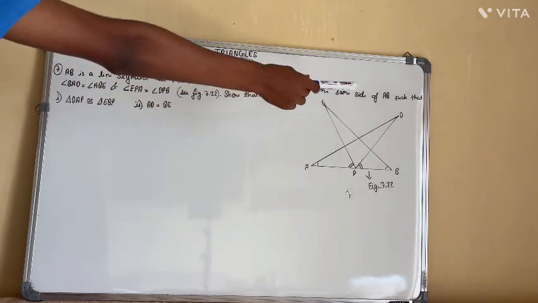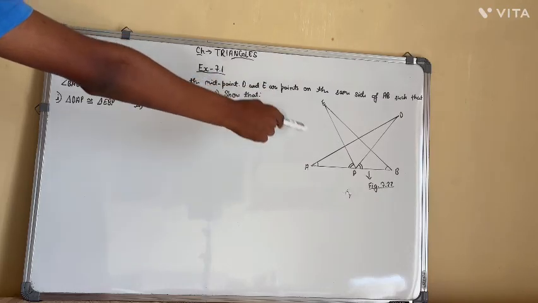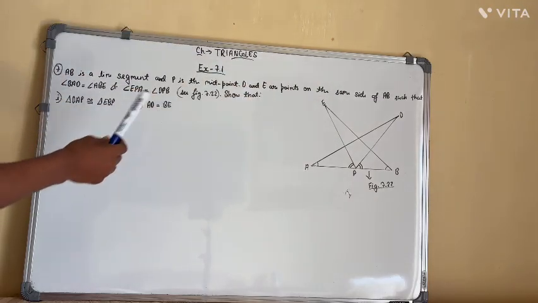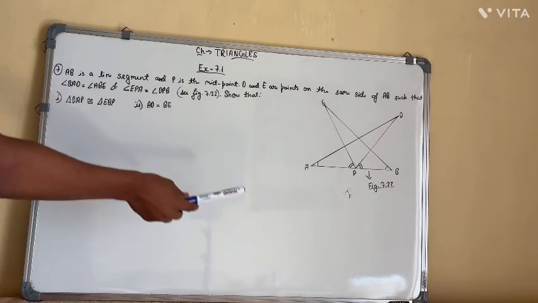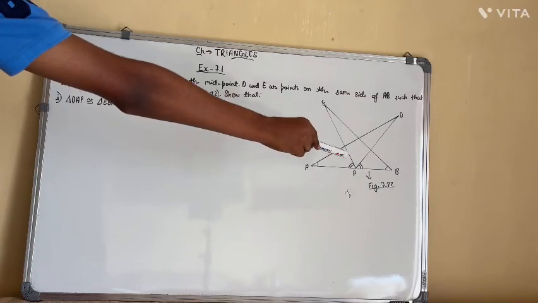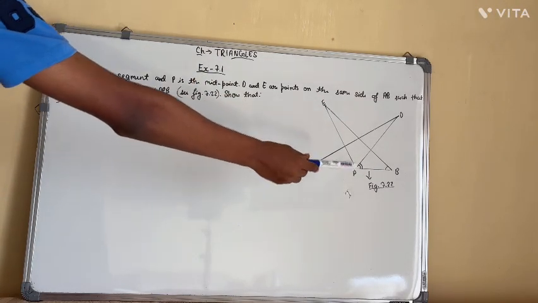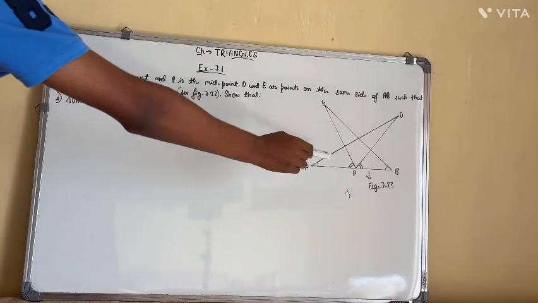See, D and E are the points. From B there is E and from A there is D. Okay, such that angle BAD is equal to angle ABE. So angle BAD, this angle is equal to angle ABE.